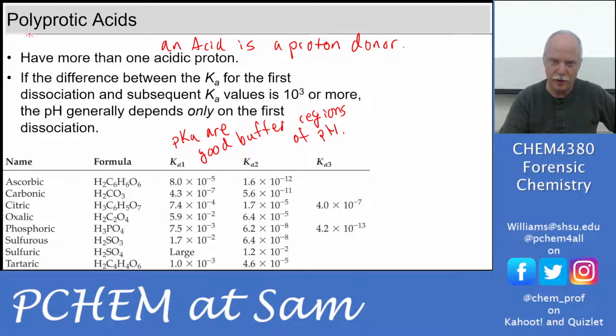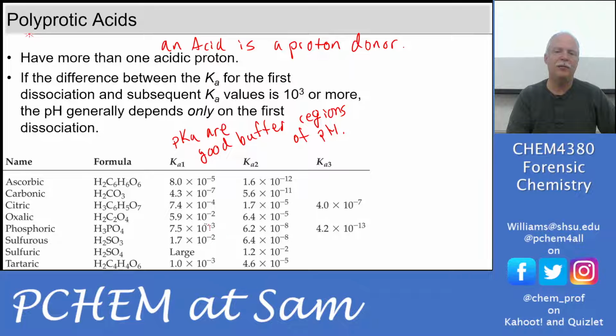Hopefully you can read my writing here. So if I'm looking at phosphoric acid, I've got 3 protons here. And so there is a pKa, Ka1, that's going to be roughly between 2 and 3.